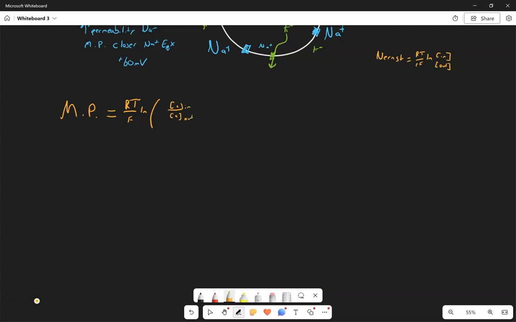But one of the things we have to keep in mind is the permeability of the cell to that given ion.